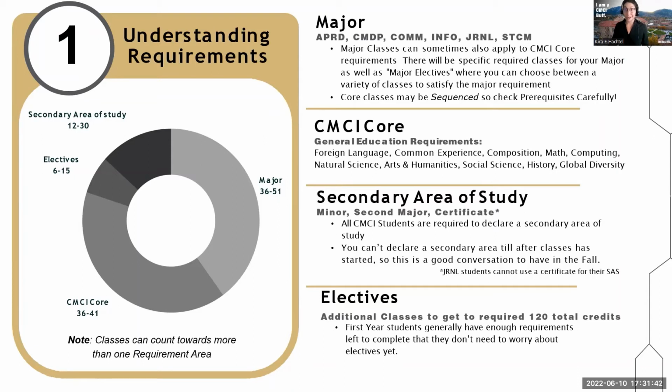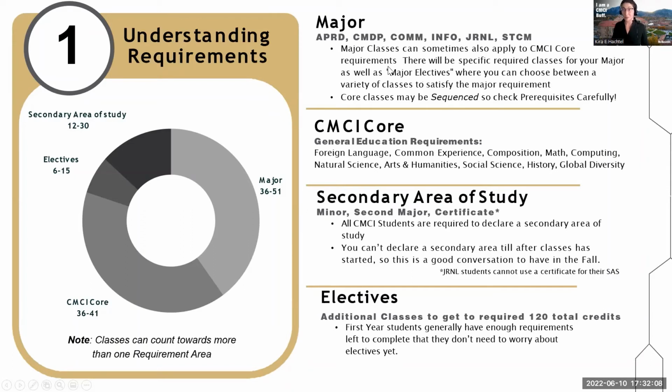It is very normal for students to make changes to their major after they've started classes, but if you already know that you want to make a change, doing that now can help us get you started with the best fit courses for you this fall. The majors that we offer in CMCI are APRD, also called Strategic Communications, which covers advertising, public relations, and media design.